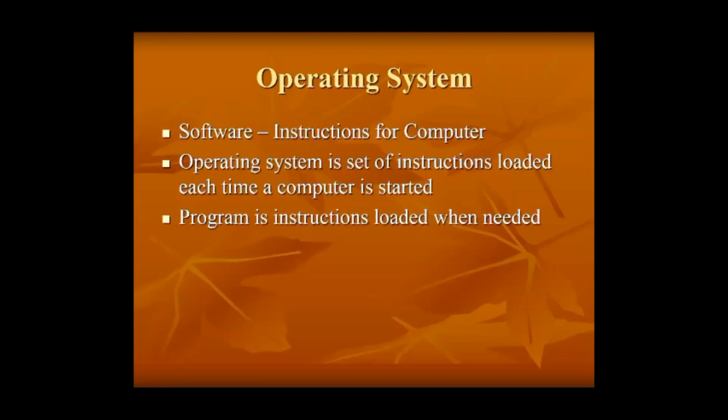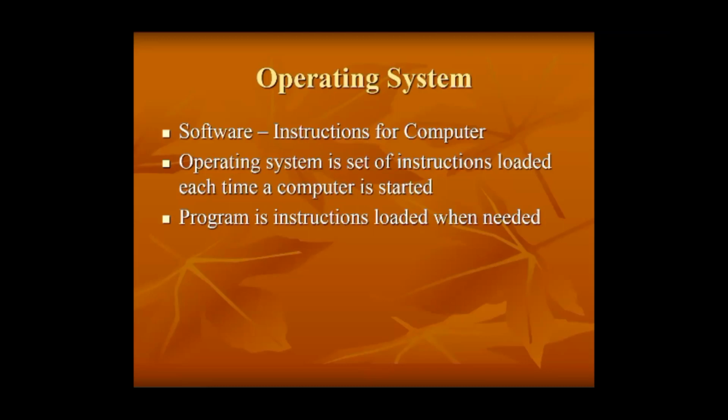Aside from the IC, under the third generation, we use the operating system. When you say operating system, class, it is software that loads certain instructions every time you open the computer, when you boot up a computer. Please do not forget, class, that there are two different types of software: system software and application software.